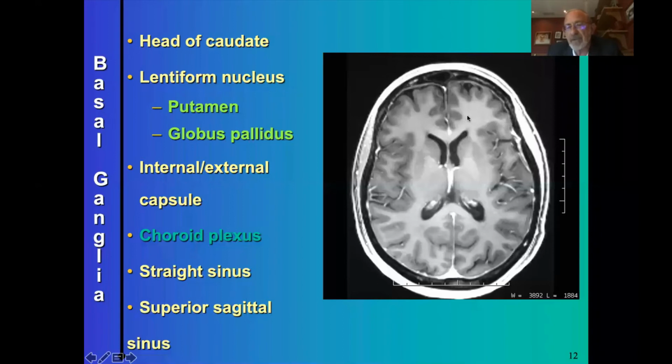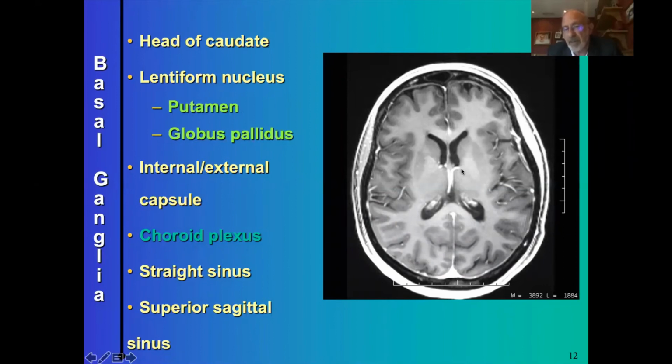extreme capsule. So we started off with the centrum semiovale, had this large burst of white, and now we have impulses being carried to different portions of the basal ganglia and onto different portions of the brain. These bands of white are critical.